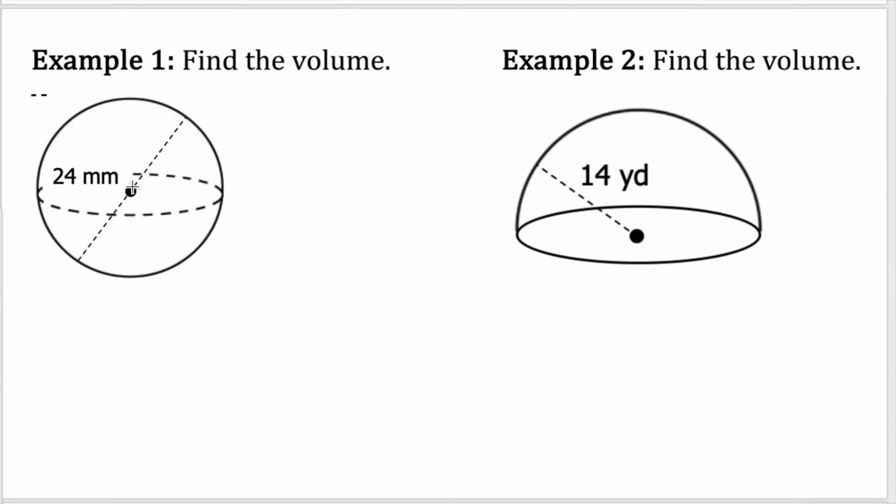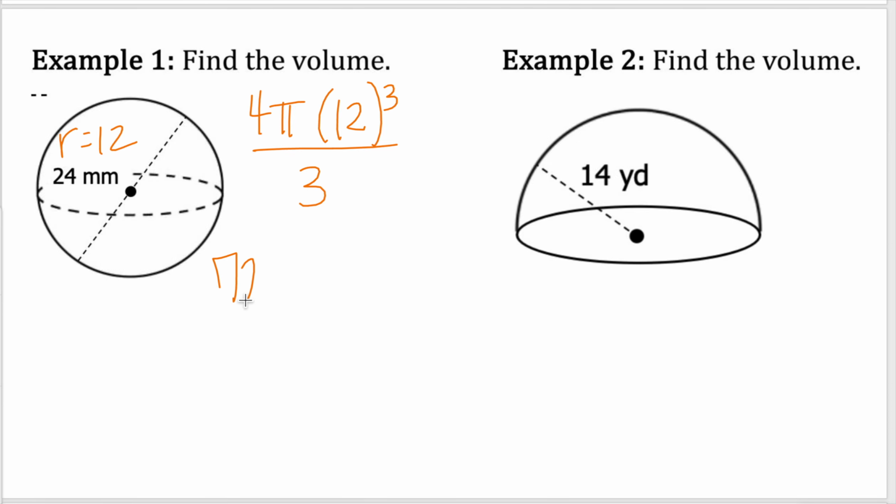So finding the volume, again, I want the radius. My radius is 12, so let's do 4 times pi times 12 cubed and then divide my final answer by 3. We should get 7,238.23 cubic millimeters. If you want to, go ahead and pause the video here to see what example 2 has for you, and when you're ready to check it, click play.